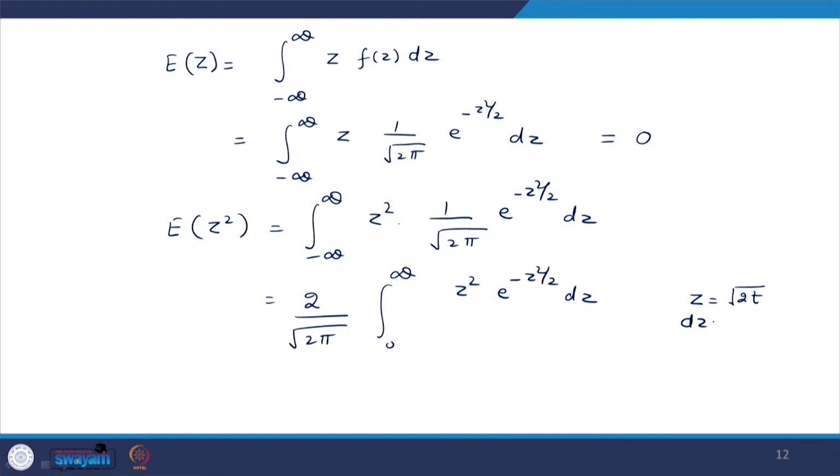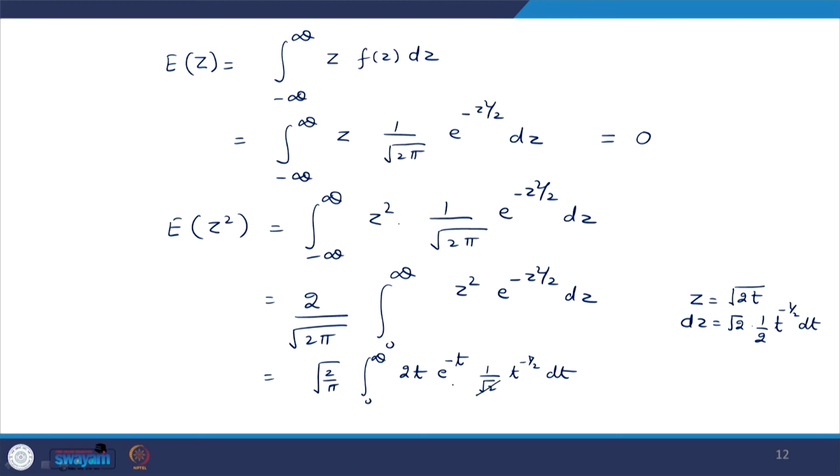So, dz will be what? Under root 2 times 1 by 2 t raised to the power minus half into dt. So, that will be under root 2 upon pi, integral from 0 to infinity, z square is 2t, e raised to the power, now it is nothing but minus t. And dz is 1 upon under root 2 t raised to the power minus half into dt.